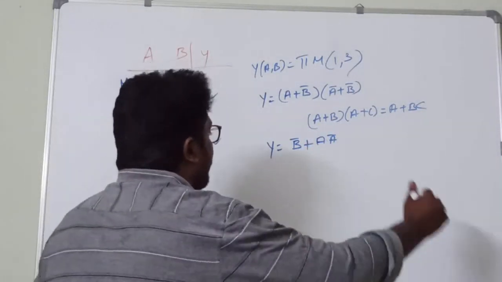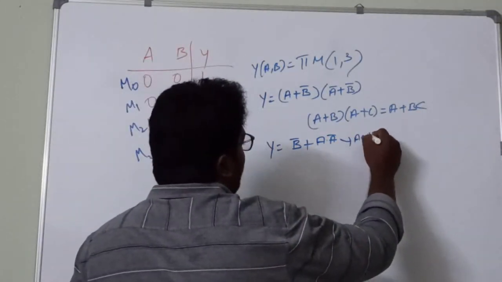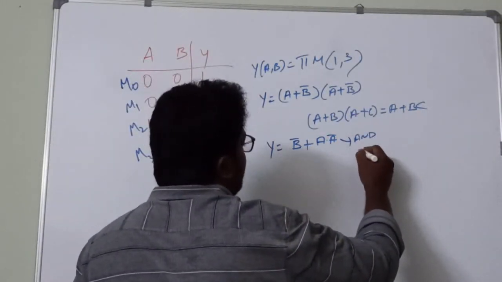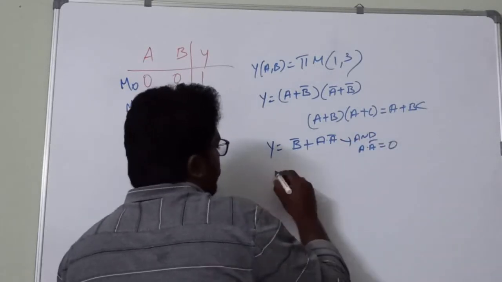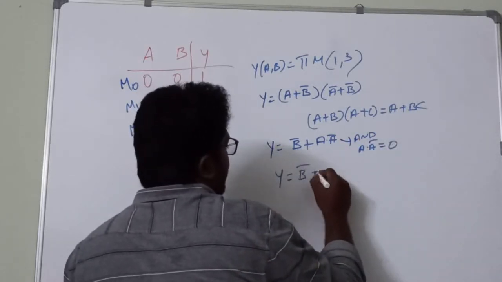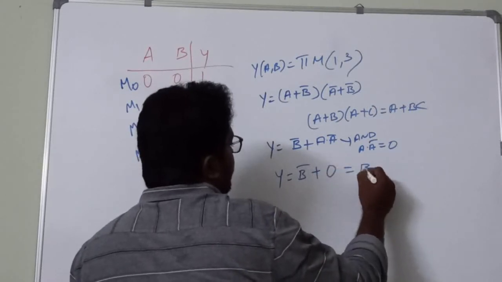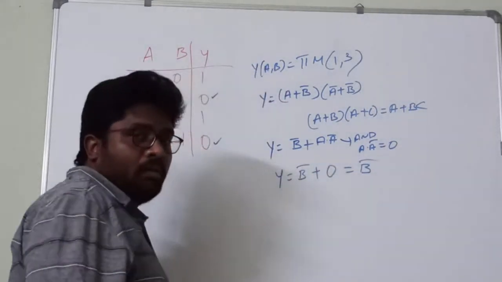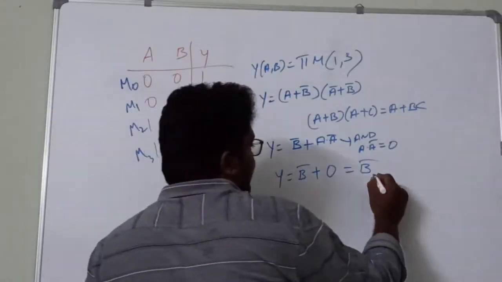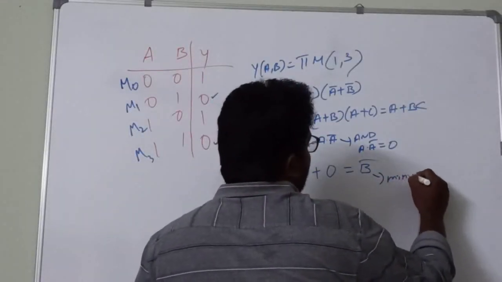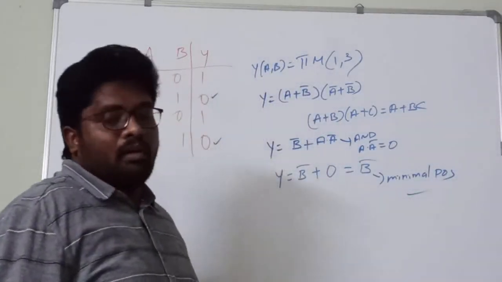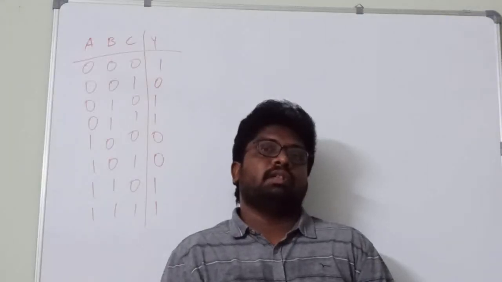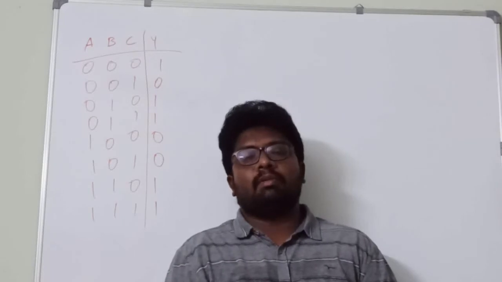According to the AND operation rules, A into A complement will become 0. So y is equal to B complement plus 0, and the final output will become y is equal to B complement, and this is the minimal POS form.